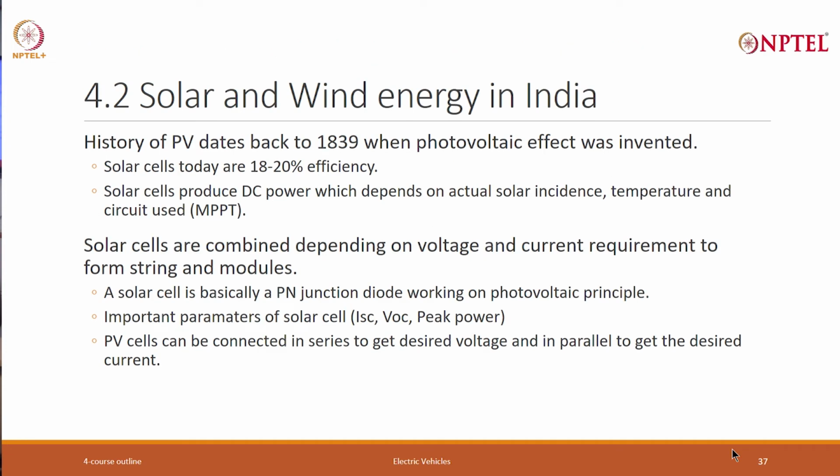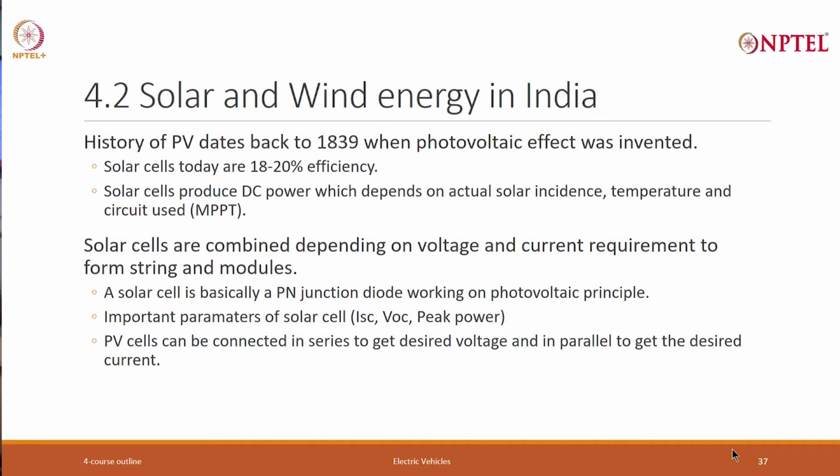We will then get into details of solar and wind energy in India. History of PV dates back to 1839. We will get into how solar photovoltaic was invented. We will get into solar cells in detail and how solar cells produce DC power and we convert it to AC power.